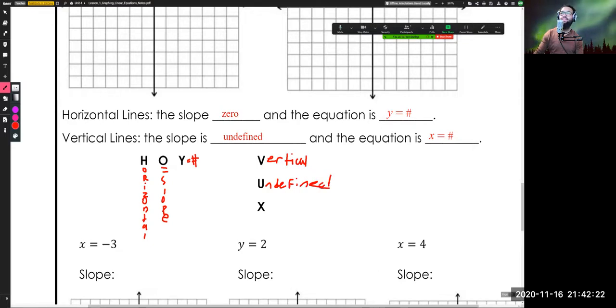Oh goodness. Undefined slope. And when you all are doing this, you can type this part out. You don't have to write it out the way I'm doing it. Not quite sure why I'm not just typing it. Oh, because I wanted to do it in a specific order. That's why. X is going to be equal to a number. So vertical lines have x equal to a number. Horizontal lines have y equal to a number.